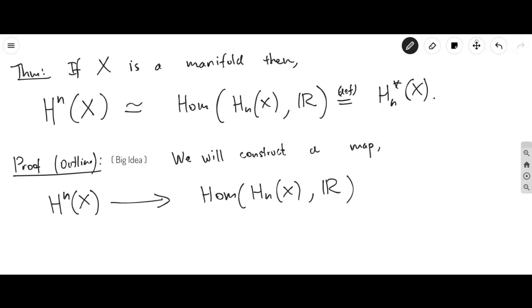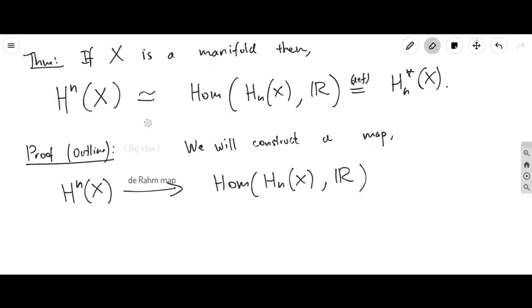So that's what we have to do. The name of this map will be called the de Rham map. You can also call it the de Rham isomorphism. This is the map that's going to establish the isomorphism. We're showing they're isomorphic, so we have to construct the mapping.